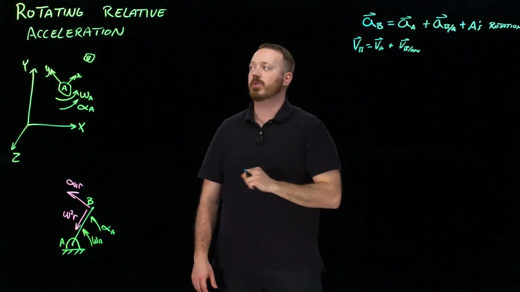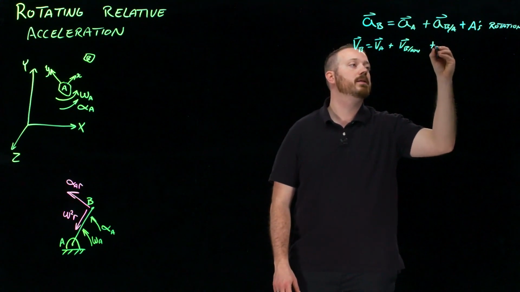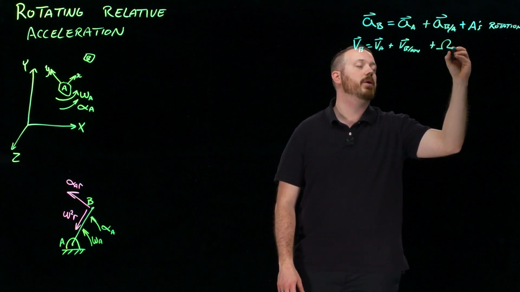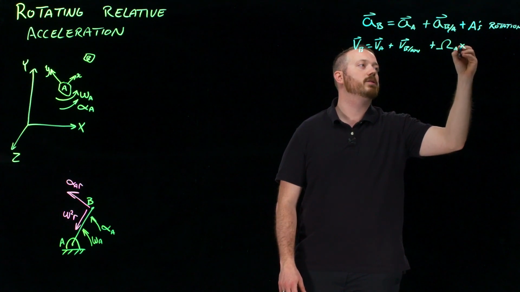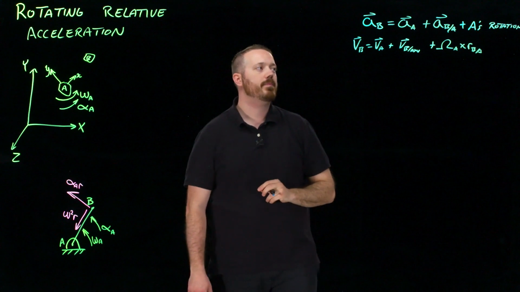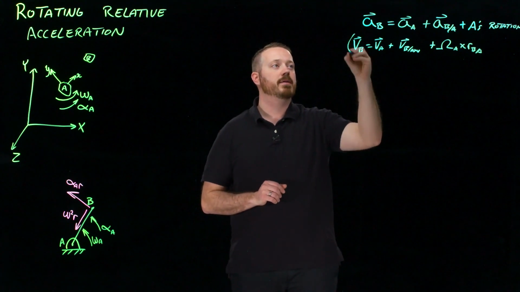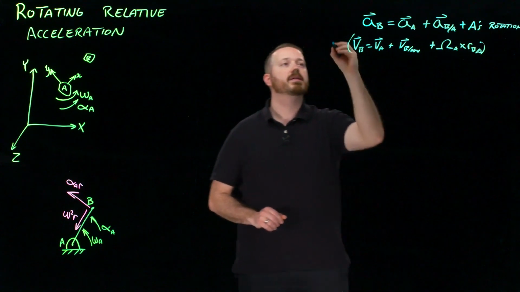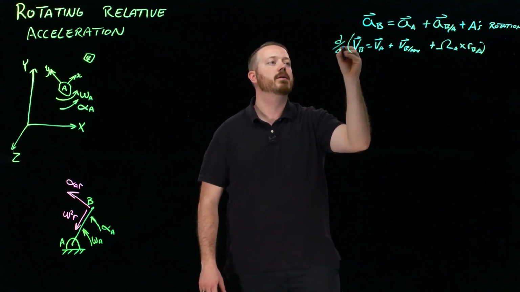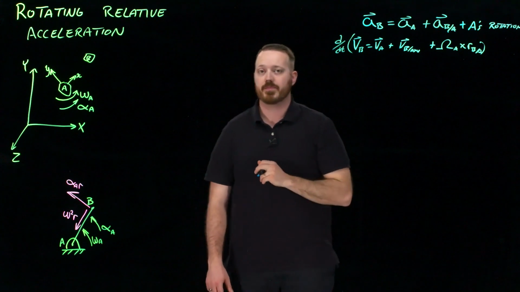And then we need to add the rotational component: plus the angular velocity of A crossed with the distance between B and A. If that's our relative velocity equation, we can take a time derivative of this, and we should come up with the relative acceleration equation.